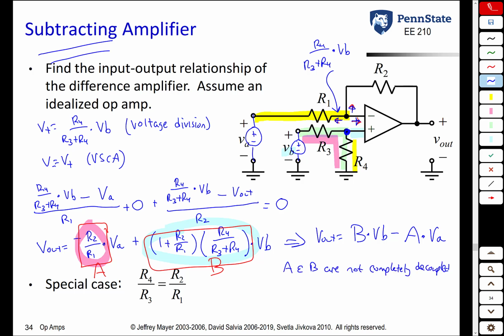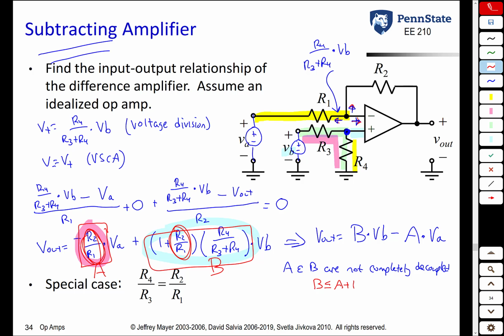What do I mean by that? If you notice, R2 and R1 show up in both equations. It shows up there for A and shows up there for B. So because of that, B always has to be less than or equal to A plus 1. You cannot get B greater than that.